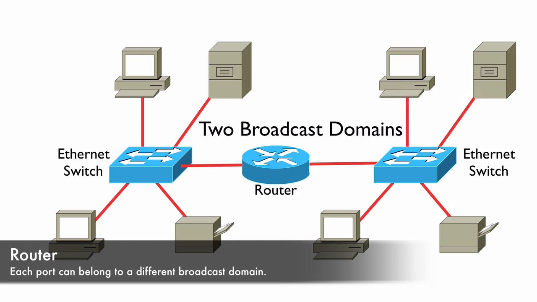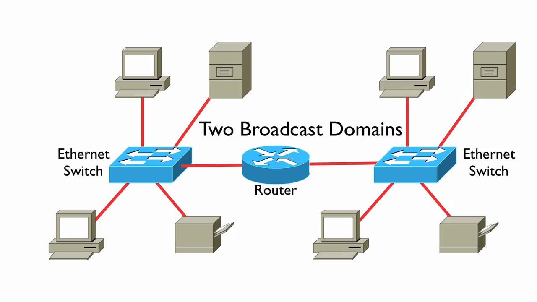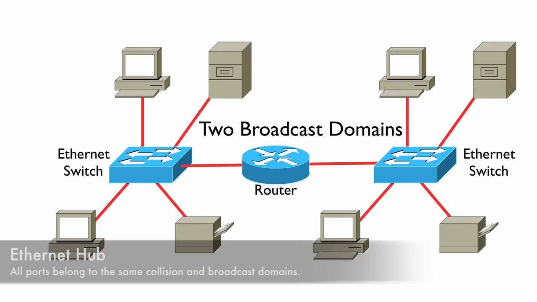As a result, a layer 3 device like a router, or even a multi-layer switch, a switch that can do routing, can separate our network into different broadcast domains. Let's do a quick summary of what we've now said. All of the ports on a hub belong to the same collision domain and to the same broadcast domain.